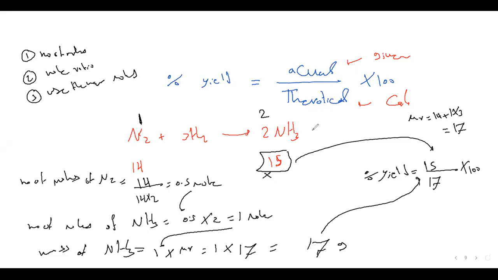Percentage yield equal actual, which is a given, 15, over theoretical, which must be calculated, 17, multiplied by 100. So this is the percentage yield. And the percentage yield must be less than 100, so theoretical must be greater than actual.